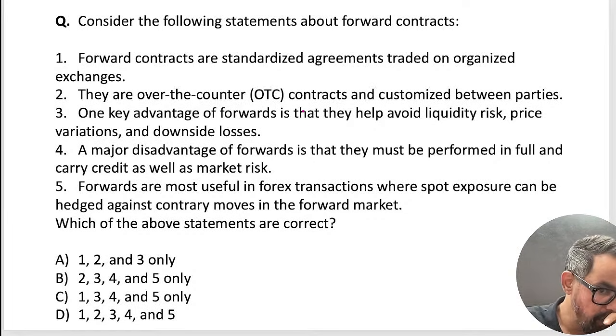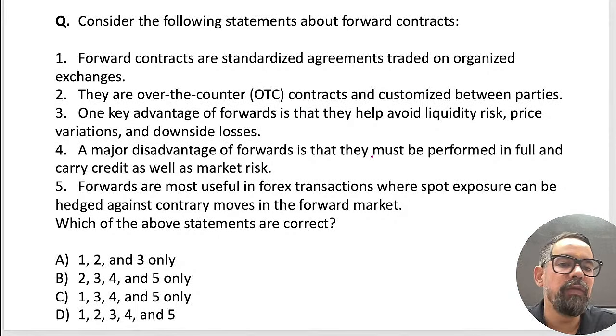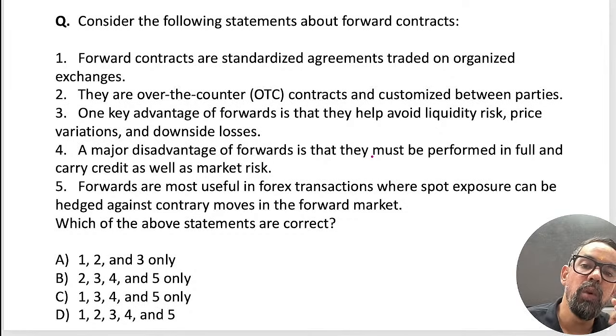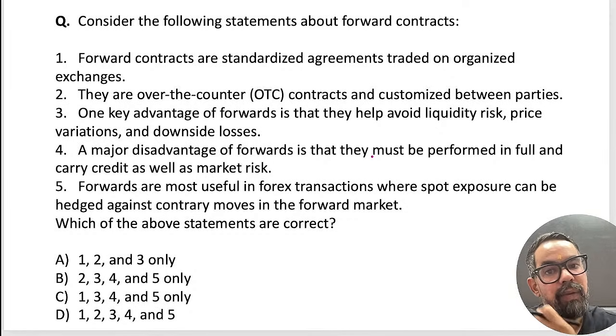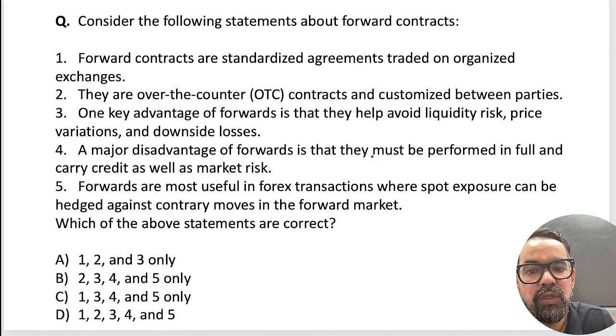Basically, we have 4 types of derivatives. If you understand the difference between OTC and exchange traded derivatives, that will help you differentiate all of these. I'll come back to this because that is a bit lengthy topic, so I'll try to quickly summarize it. First, forward contracts are standardized?